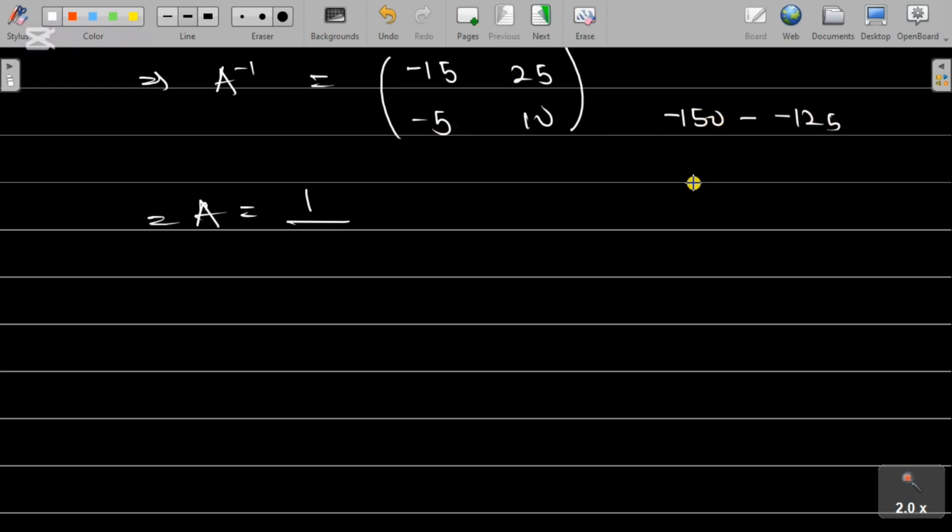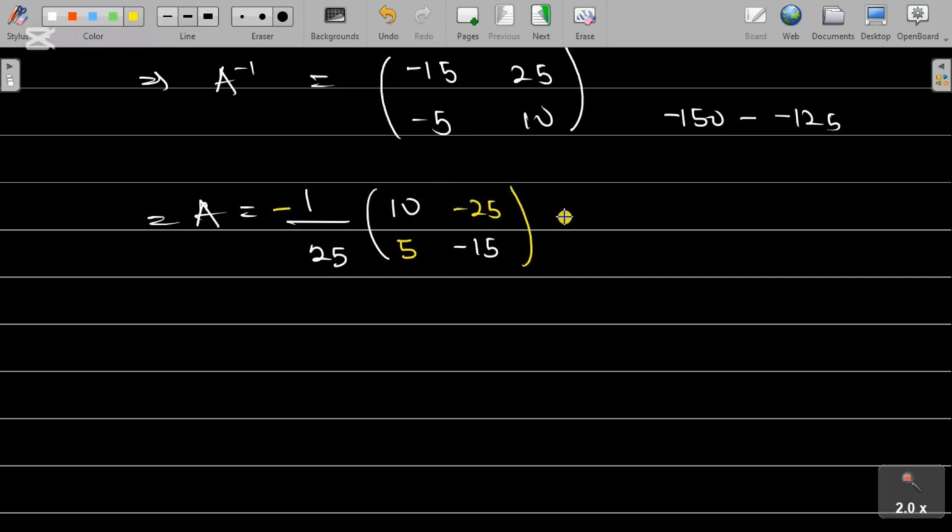So minus minus is plus, and that is going to give you 25. So over 25 here into the bracket, you will interchange this, so that will give you 10 and minus 15, and then this is minus 25, not 25. Minus 150 plus 125 will be minus 25. So now, if you put minus on this, you will have 5 and minus 25.